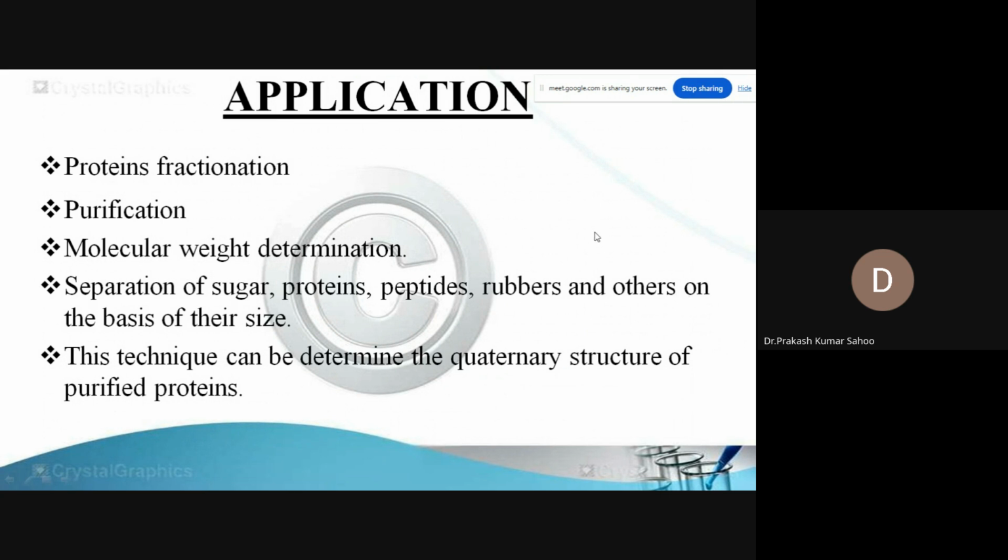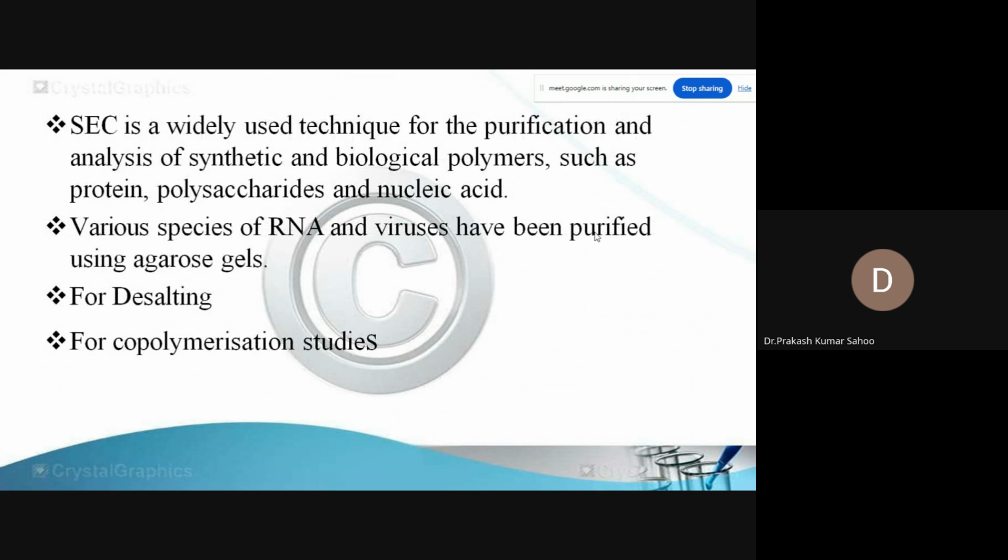Let's try to remember. Size exclusion chromatography is a widely used technique for the purification and analysis of synthetic and biological polymers such as protein, polysaccharide, and nucleic acid.